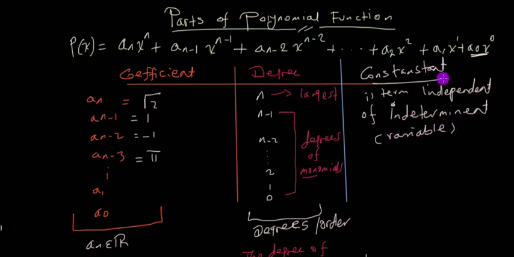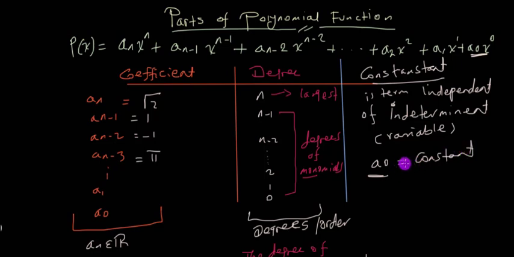When I say indeterminate x, it doesn't depend on anything else; it stands by itself. So in this case a_0 is a constant, but it's not always present.